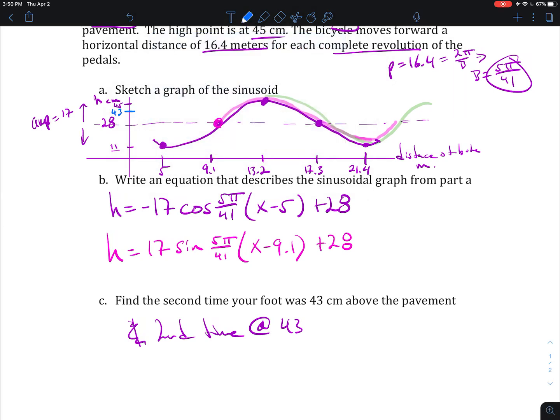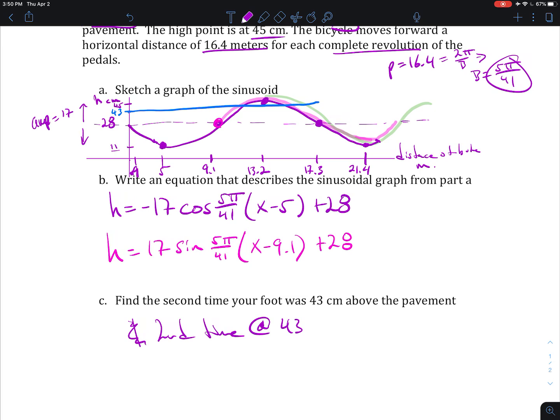So 43 is right there. So we may have to check and see, because my graph currently isn't too precise here. Let's see, I have to go backwards. That's 4.1. Then at 0.9, it looks like. That's when I'm going to hit there.